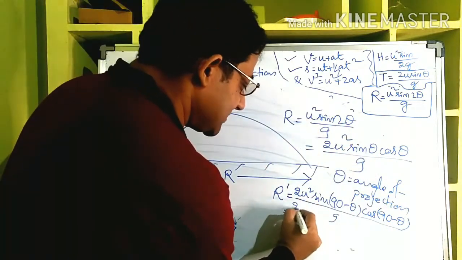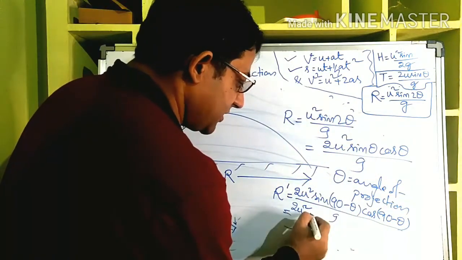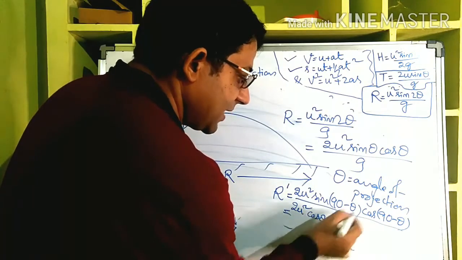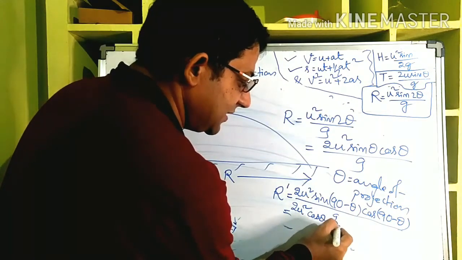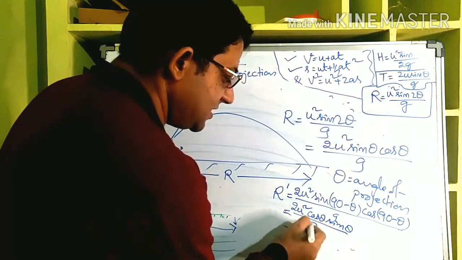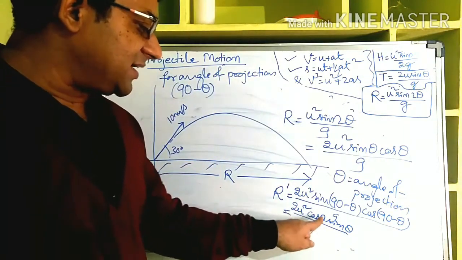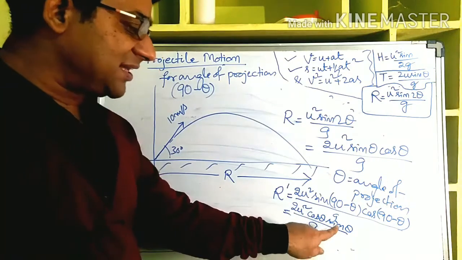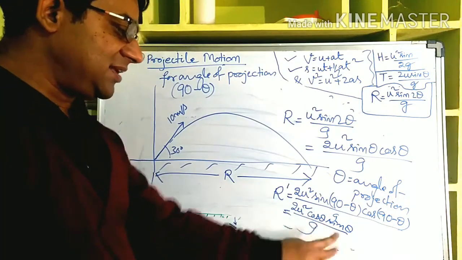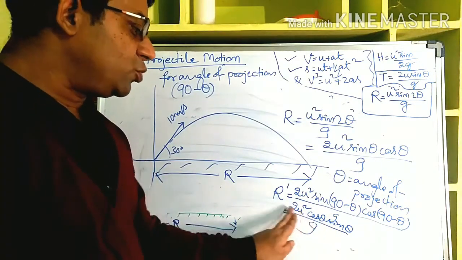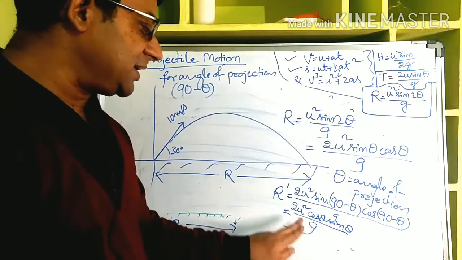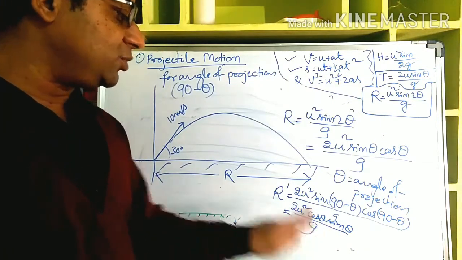So 2u square, cos theta and sin theta, whole by g. Yes or no? Now again 2 sin theta cos theta, now it became cos theta sin theta, which is the same as sin theta cos theta. So again 2 sin theta cos theta is sin 2 theta. So this became u square sin 2 theta by g.